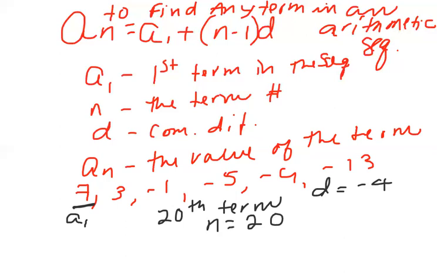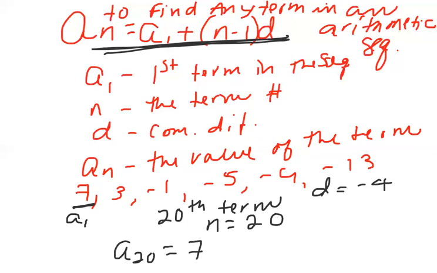So now, guys, you go back into your formula and substitute everything in. A sub 20, or the 20th term, equals the first term, which is 7, plus the term number, which is 20, minus 1, times D. What is the D value? -4. Then you grab your calculator and work it out: 7 plus 19 times -4.